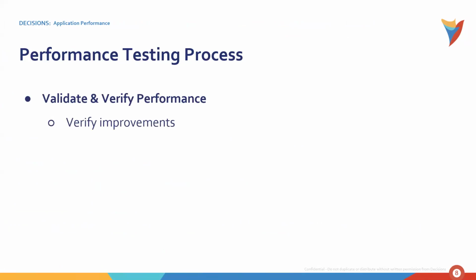So once we identify and fix the performance issues, we need to go ahead and verify whether the application is now performing better or not. For that, we should once again run those load tests that we have created in the past, and then record the results and compare them with the previous results to know whether there is a performance improvement or not.